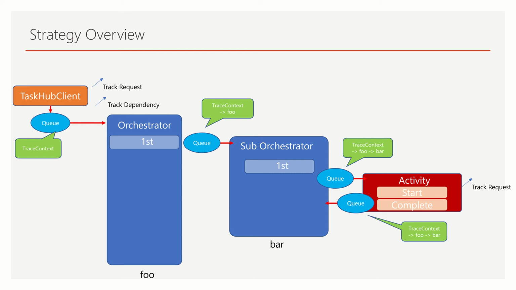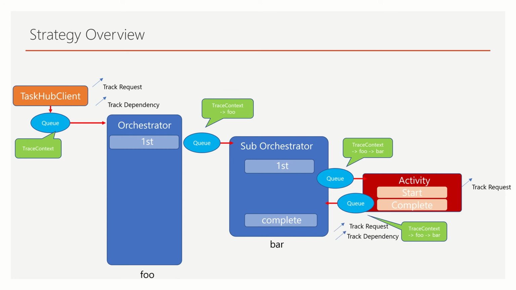This queue message also includes the foo and bar trace contexts, which means the orchestrators' contexts. But the activity is just an activity, not an orchestrator, so it just keeps them and passes them through. The sub orchestrator, the second time, receives the queue message and completes. This means the sub orchestrator runs two times, each as an individual function execution.